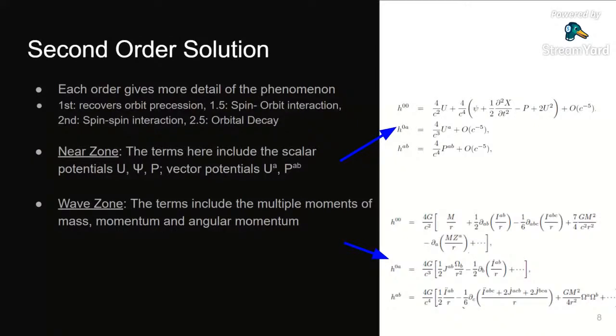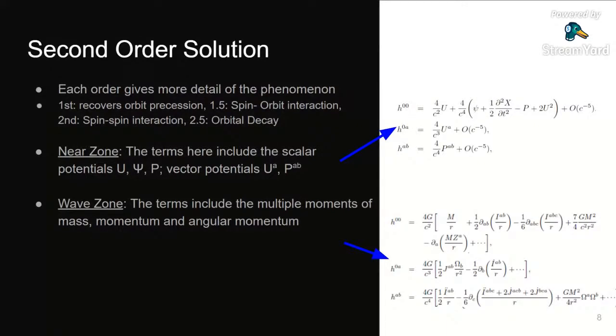Now, if you want to understand the spin of the bodies and the orbit going round and round, you have to go to 1.5 order. Next, if you want to see the effect of the spin of one body and the spin of the other body, and understand the interaction between them, you go to second order.